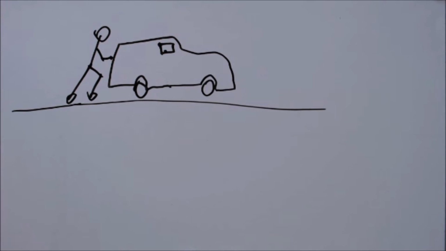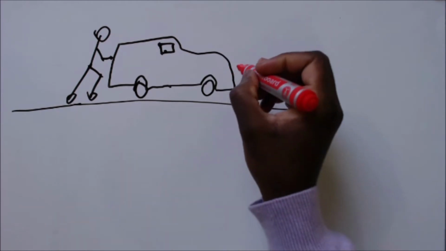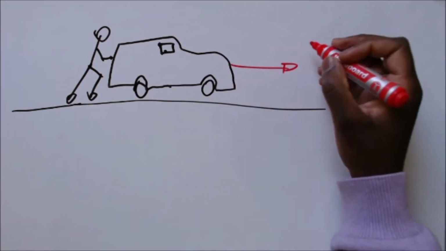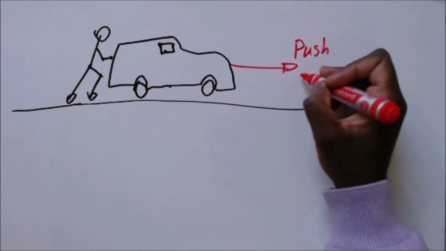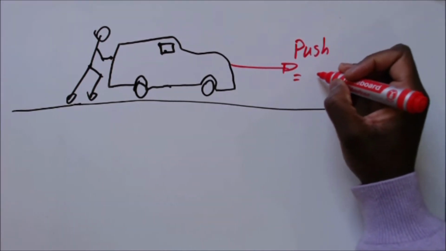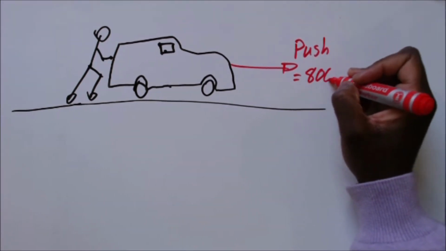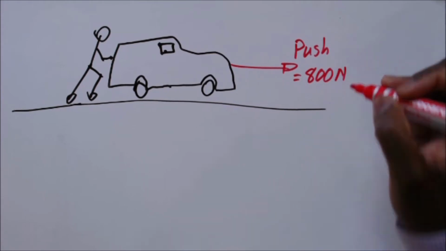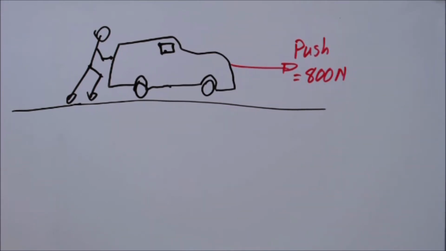Let's say Jack applies a force in the forward direction. He's pushing the car, and that force, which is the push, is equal to 800 newtons. So Jack applies a force of 800 newtons to the right.